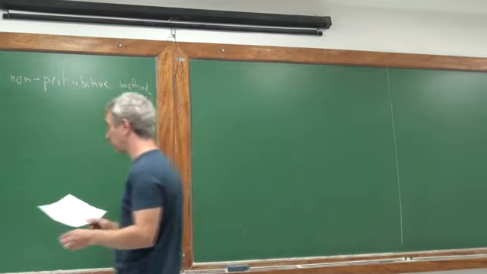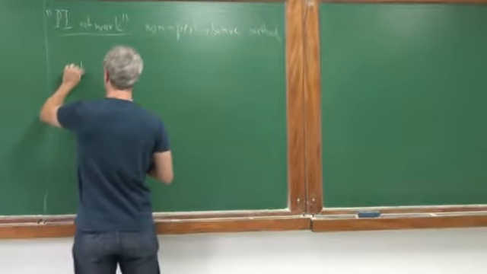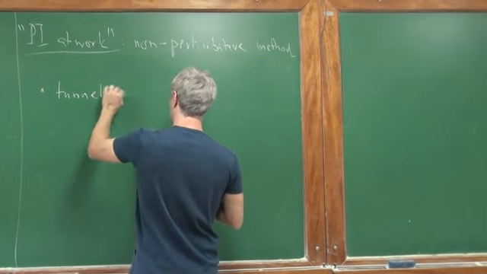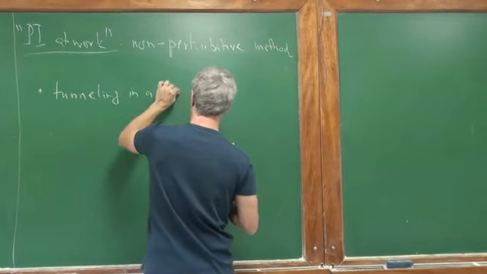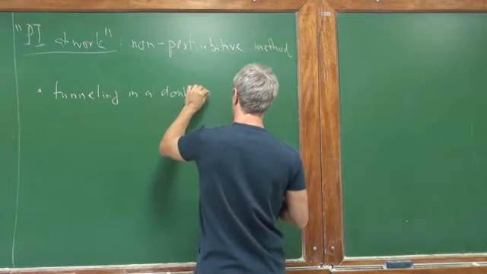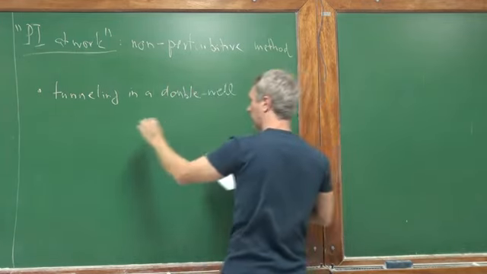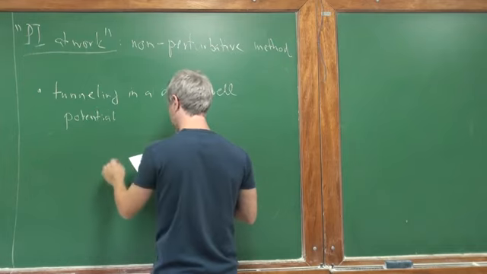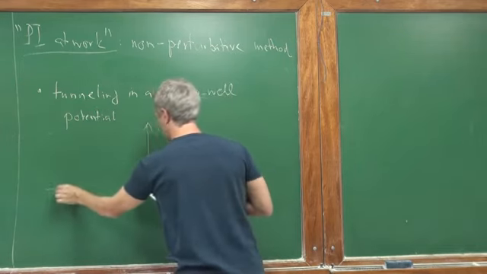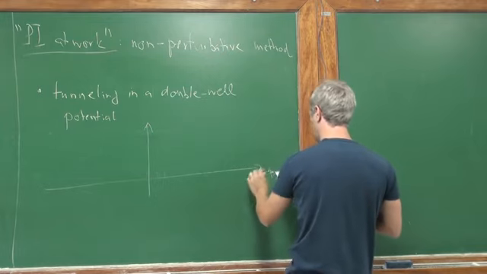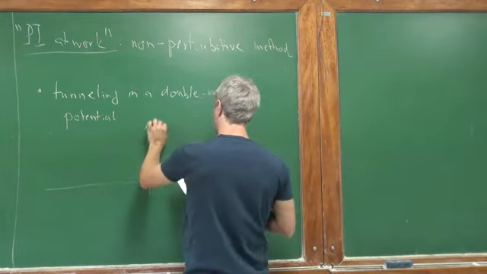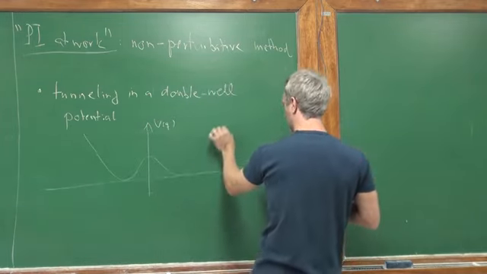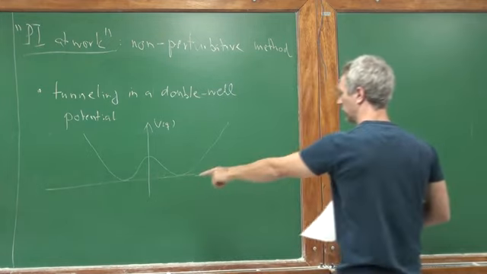So what we want to study as an example for such non-perturbative methods is tunneling in a double well potential. So you have here, I draw some potential, and you have some potential which has two minima.